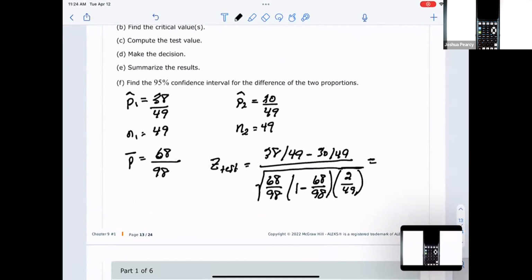Let's check. 38 over 49, you may be right though, minus 30 over 49, divided by the square root of 68 over 98 times, oops, not minus, times 2 over 49. Yeah, it was a little off. 1.75.